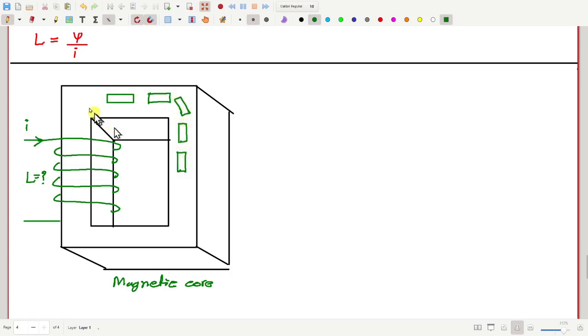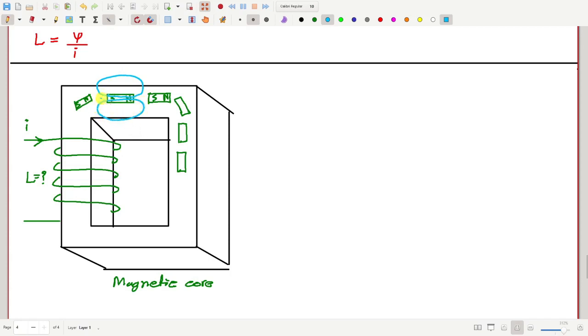There will be many more throughout the core, but all of them will get aligned, north, south, north, south. And all these tiny magnets have their own magnetic field. So now the magnetic field due to the coil alone and the magnetic field due to these tiny magnets will superimpose, they will get added. Let me draw, say, the magnetic field of one particular tiny magnet.